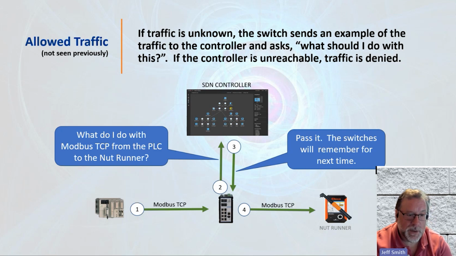Is that allowed? The controller will look at its policies, look at its endpoints, and basically decide if that is acceptable. If it is, it writes a flow down to the switch. The switch will never then ask the controller again if those two devices can communicate over Modbus TCP.